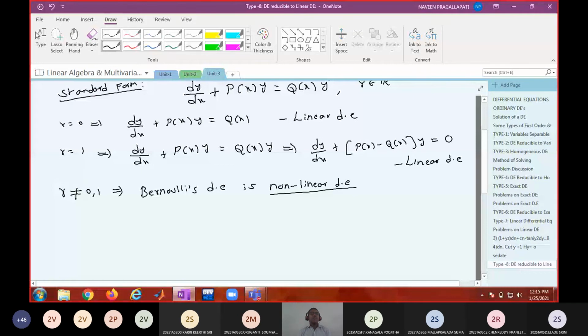Bernoulli's DE is linear only when r equal to 0 or r equal to 1. Is it okay?